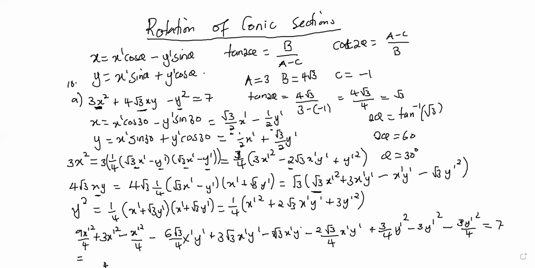Yeah, so 20 over 4 is 5. So we get 5 x prime squared. We don't want to have x prime y prime.